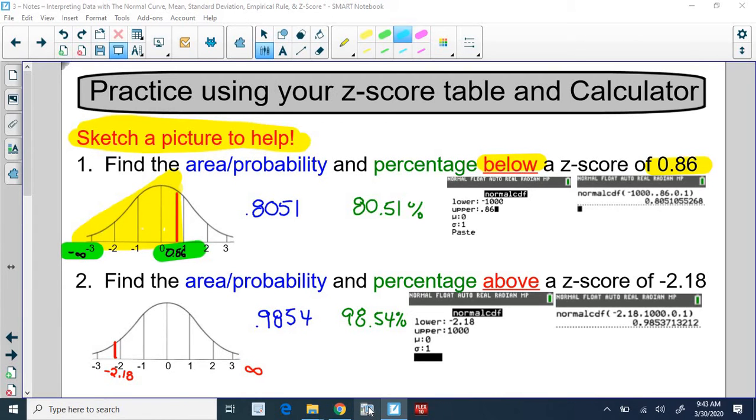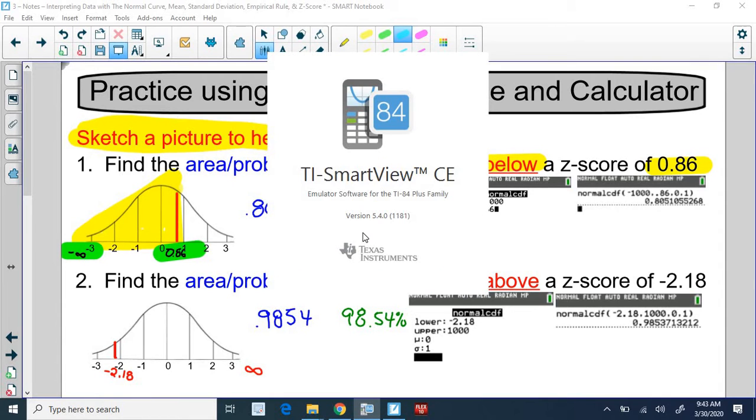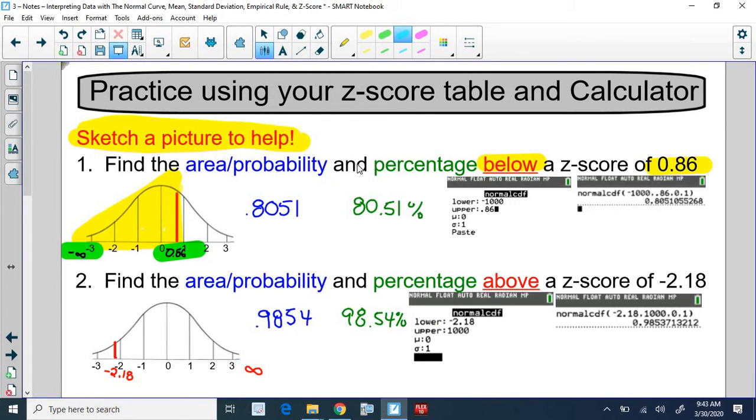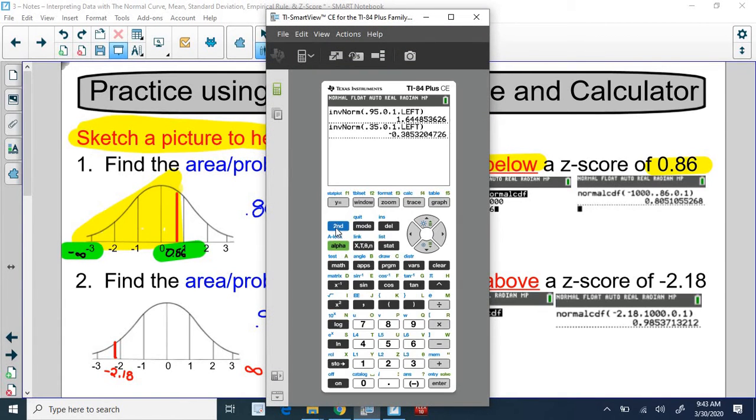So to use the calculator, I'm going to run a program in the calculator, and that program will find this value very quickly for me. So here's how that works. I get to my calculator and I hit second distribution. I'm going to go down to choice 2, and then once I'm in there, I don't use this, this is -1 to the 99th.